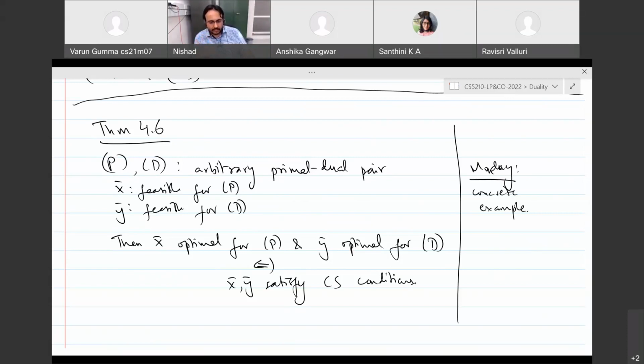And we will also see how the CS conditions and some other notions can be viewed through the lens of geometry. So we started with geometry when we started LPs, and we are going to end with geometry. And then we are going to the next module where we will use duality to get our combinatorial optimization algorithms, to understand why they work, and to prove their correctness.